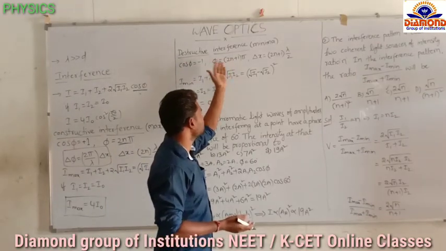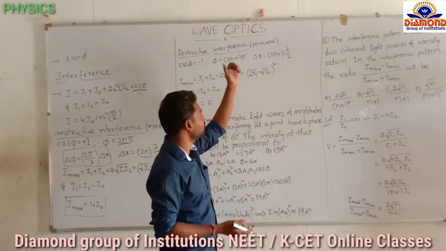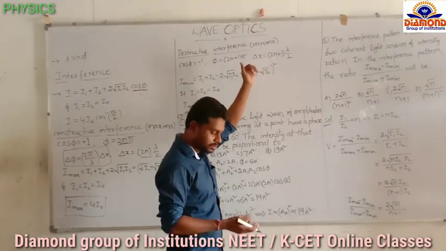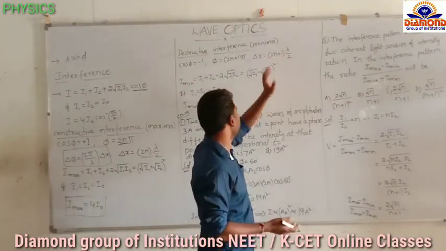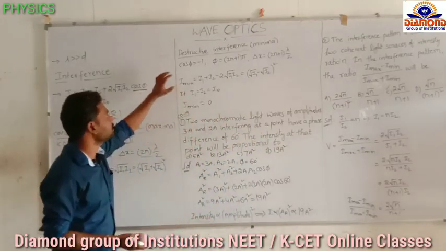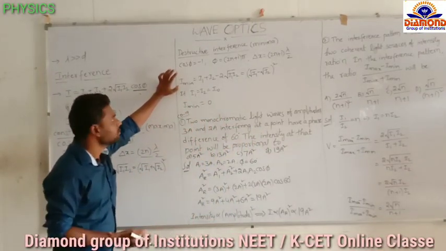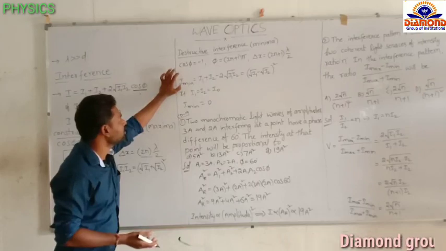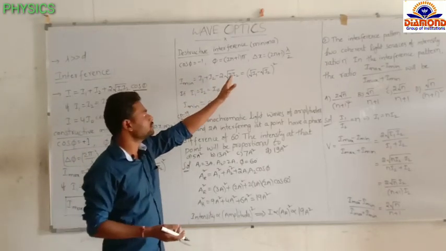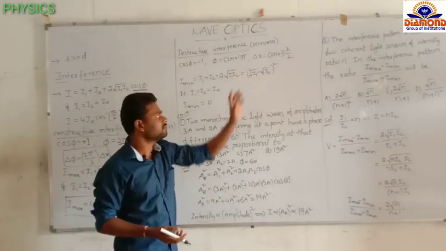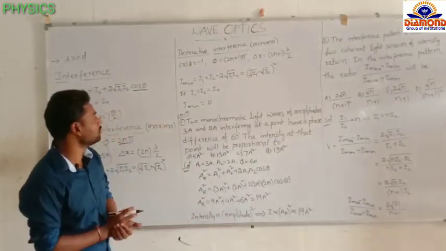If the phase difference is an odd multiple of pi, the path difference is also an odd multiple of lambda by 2. Already you know all these formulas. In destructive interference, the minimum intensity of the wave is I1 plus I2 minus 2 root I1 I2, and after simplification we get root I1 minus root I2 whole square.